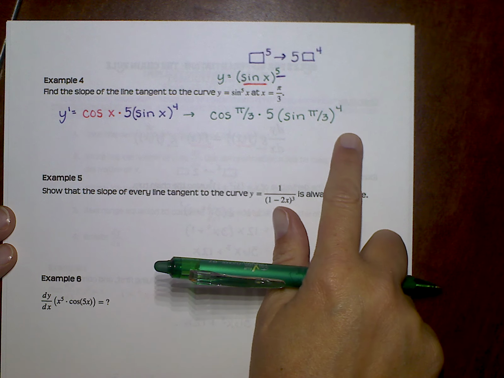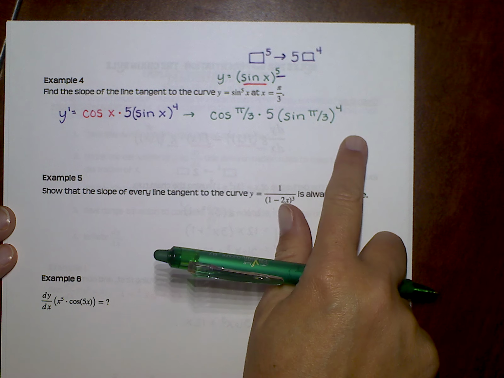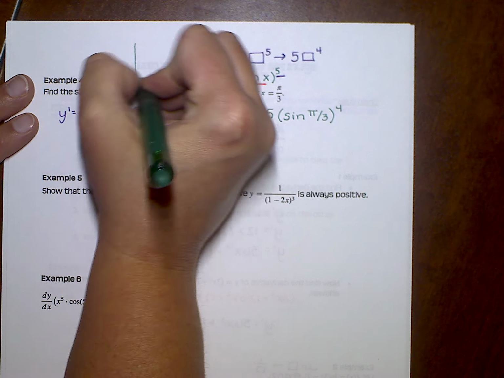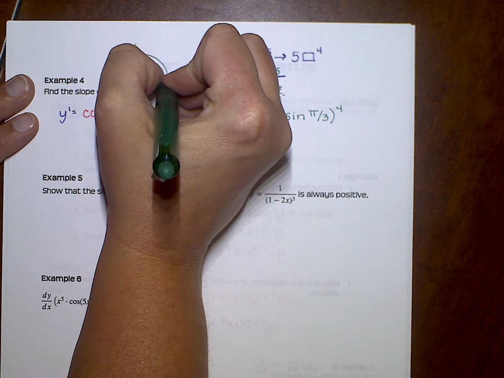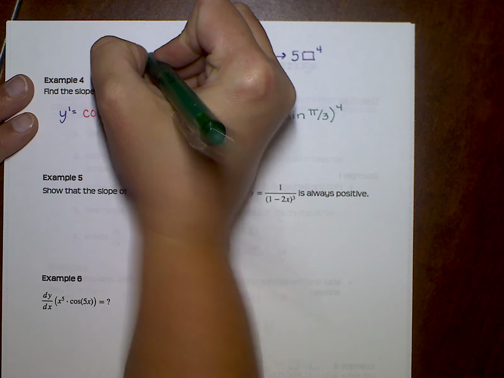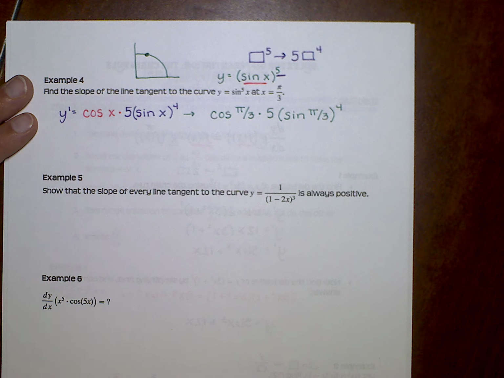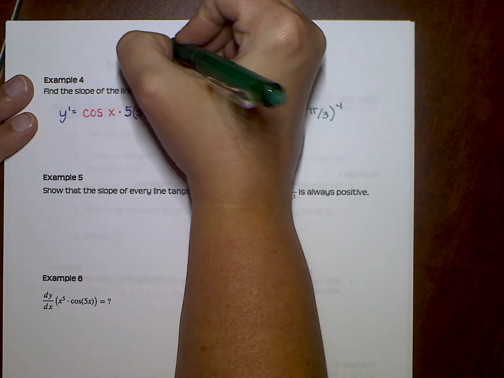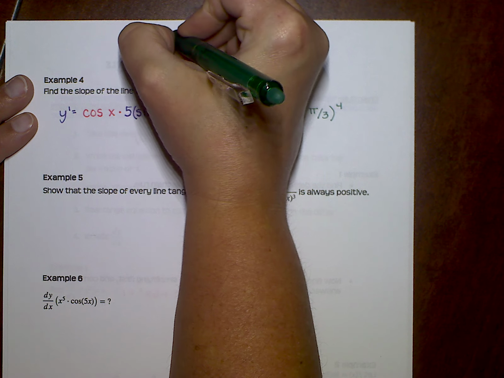So we need to revisit some trig to figure out what sine and cosine of pi over 3 are. I'm just going to sketch up here for you. This is the first quadrant of your unit circle. Pi over 3 is this top coordinate, okay? And the coordinates at that point are 1/2, comma, square root of 3 over 2.